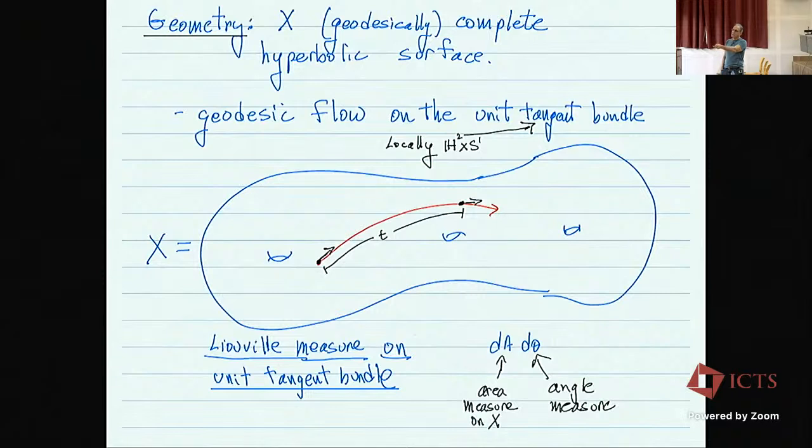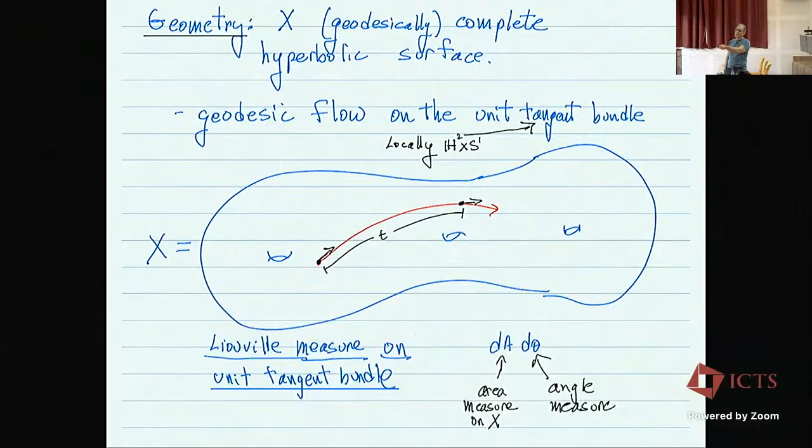And there's a natural measure, a volume measure, that goes on the unit tangent bundle, and it's called the Liouville measure, and it has this form. Okay, infinitesimally, it's dA, which is the area measure on X, coupled with the angle measure.